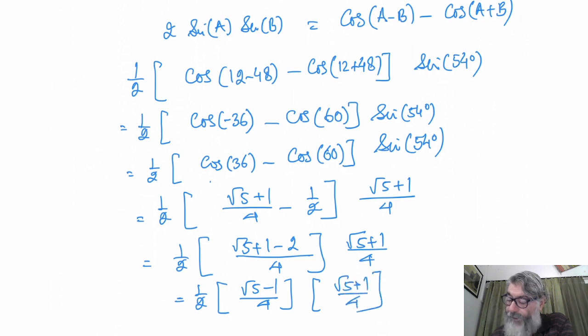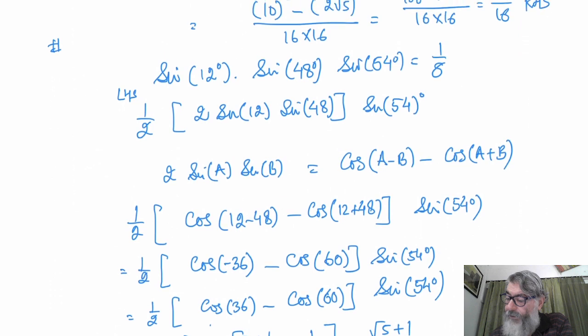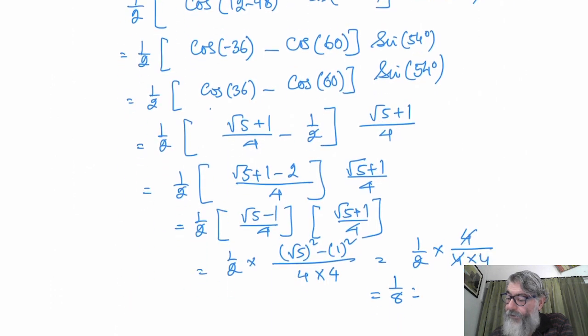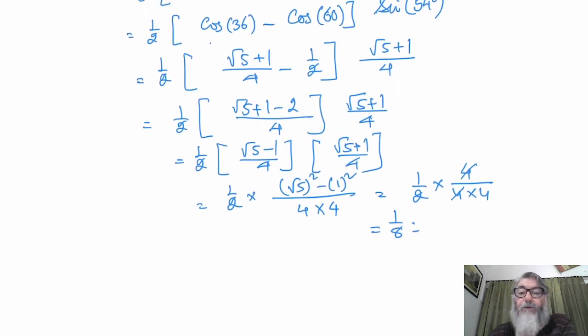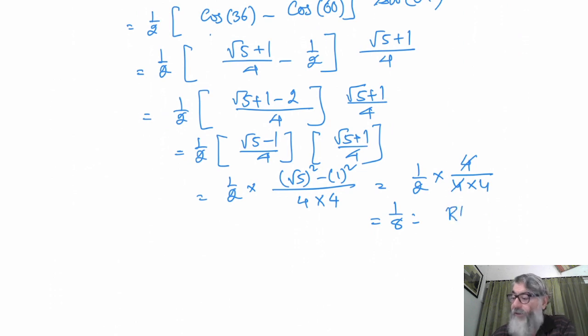When you multiply, it will become 1 upon 2 into root 5 whole square minus 1 whole square upon 4 into 4. It will become 1 upon 2, it will become 4 upon 4 into 4. So it will be 1 upon 8, which is right hand side.